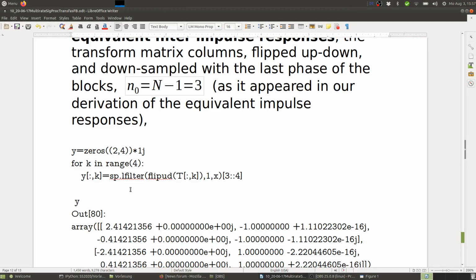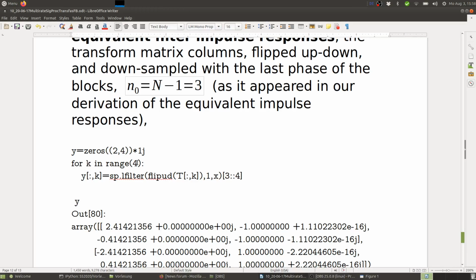So you can see this is actually a less efficient implementation, because first we do the filtering, we obtain all the samples, and then we just keep every 4th sample starting with sample number 3. So this is much more wasteful than the previous implementation, but it should result in the same output. Right. So here you can see it does the filtering for all the filters, for k in the range of 4.